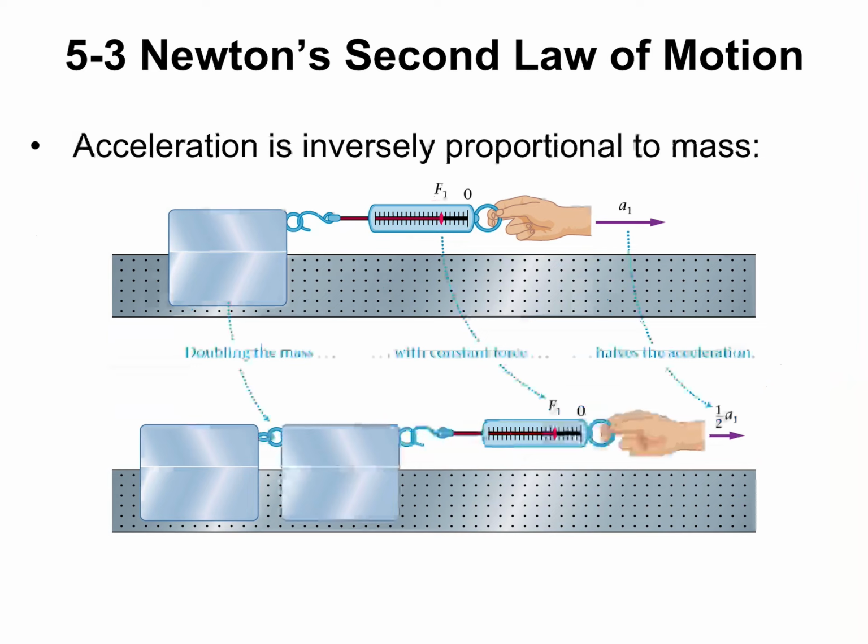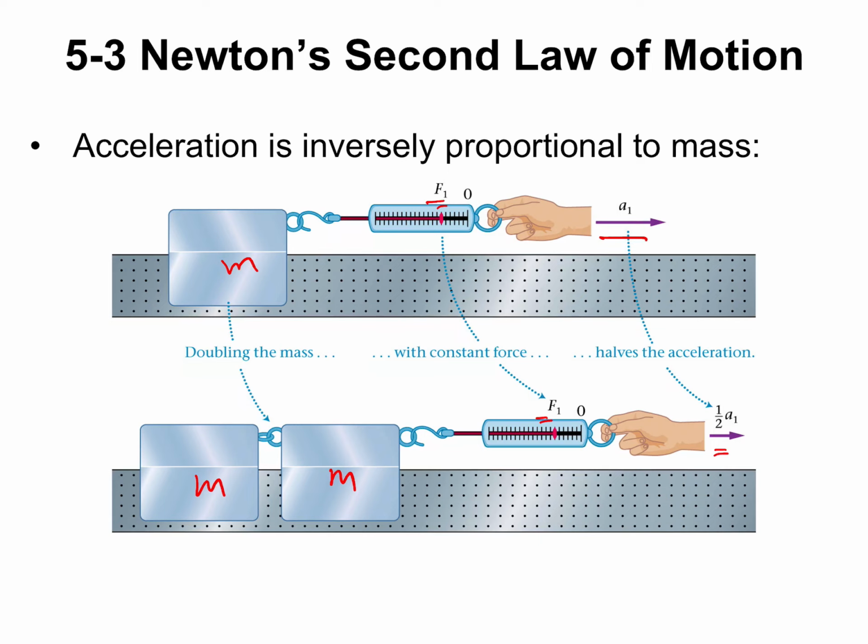Well, now let's look at the relationship between force and mass. So what happens here is F1 and m, you get A1. Well, if you double the mass, you have two same objects over there, with the same force, then the acceleration decreases, basically cut in half.